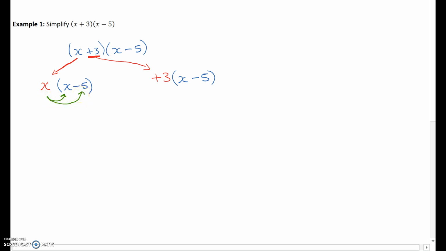Okay. So if we do that, we're now multiplying, so when you multiply an x by an x, you get x squared. Remember the rules of multiplying?